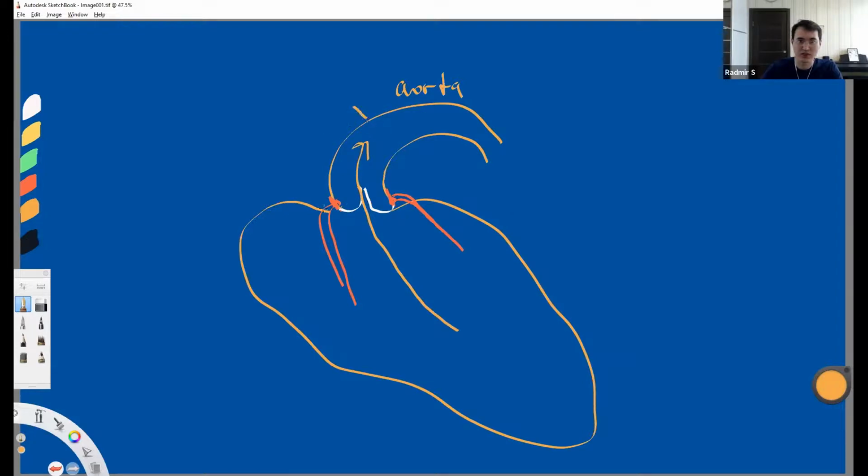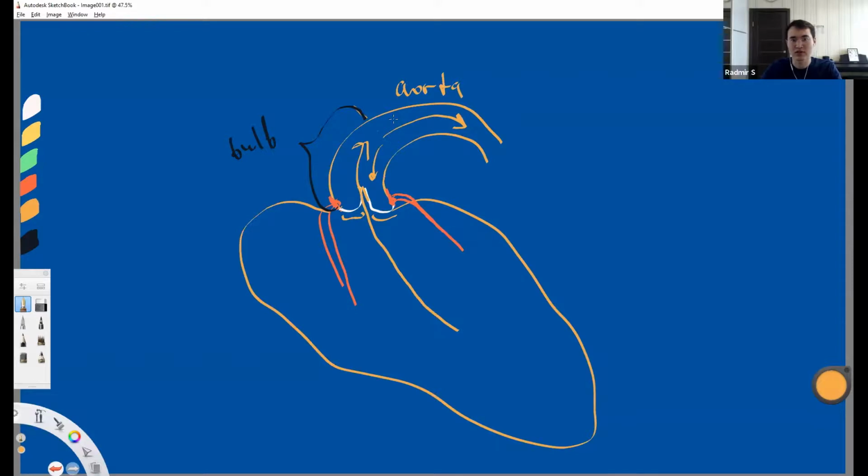So this part is called the bulb. And the blood stays here. After the valve is closed, it cannot go in this direction. So usually it goes into this direction because we have the barrier of the valves.